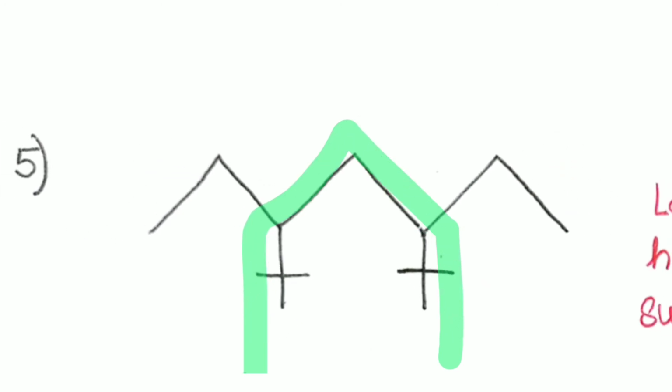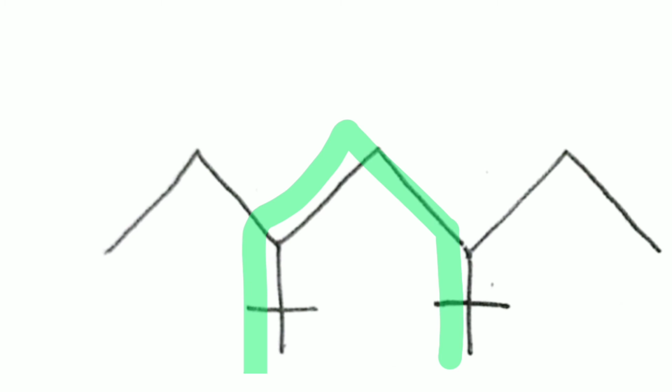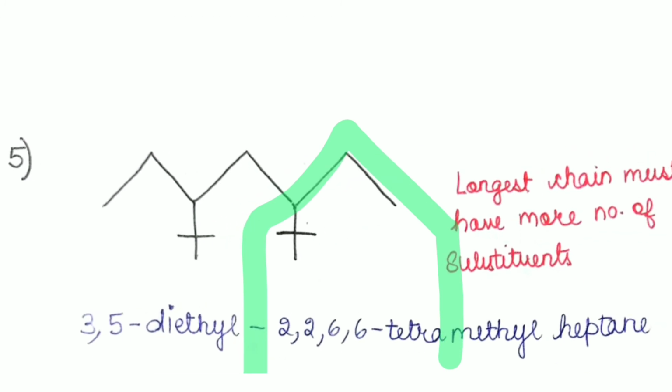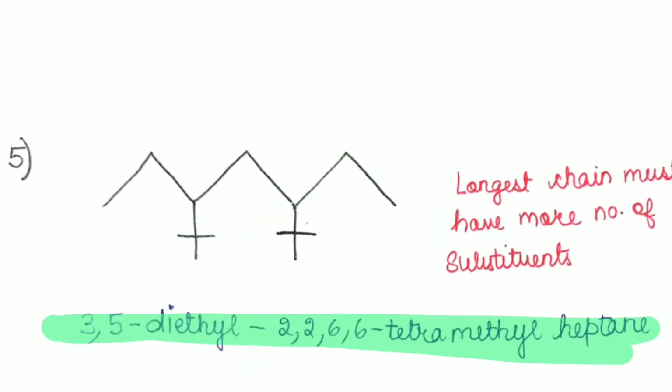So this is our compound, that is 3,5-diethyl-2,2,6,6-tetramethyl heptane. This will give us the name of the compound.